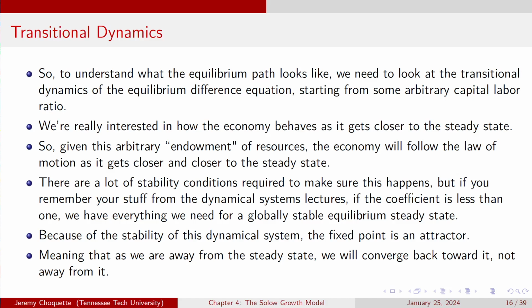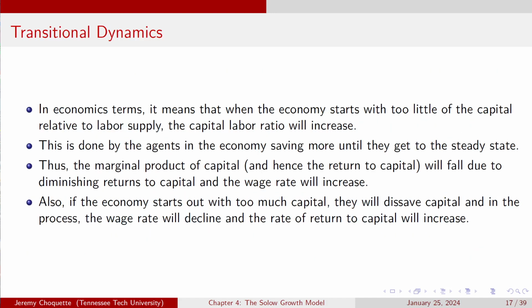So if we move away from the steady state, we converge back to it, not away from it. And that is why I covered what I did with the dynamical systems and fixed points, to ensure that we do have stability of the dynamical system that we're playing with. And you don't need to prove it or anything like that. Just take my word for it. It is stable. If we move away from the steady state, we will converge back to it, not move away.